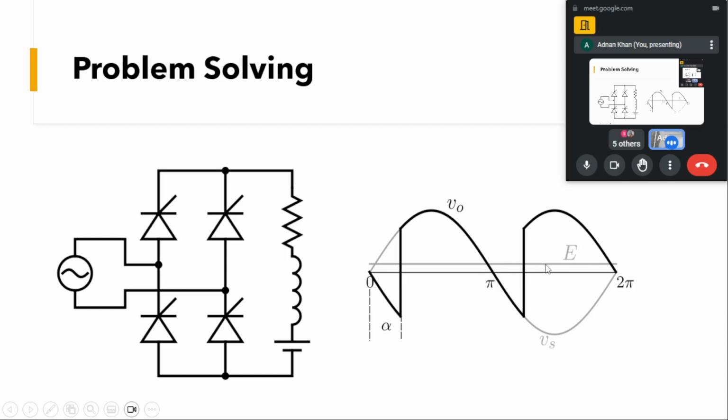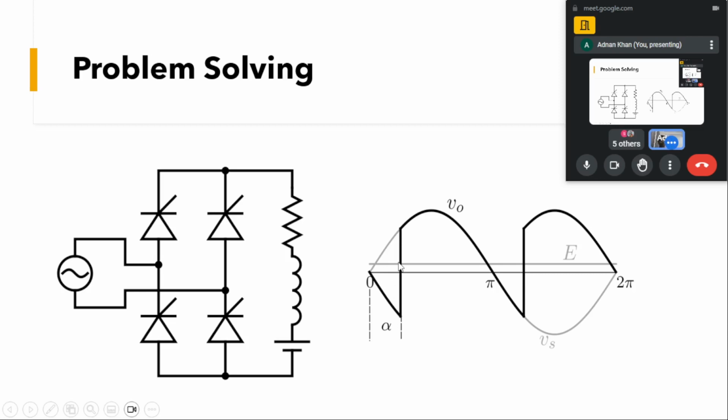Since the value of E is very small, it won't have any effect on this alpha, because this E will be implemented at this point. This SCR would only be turned on after the point when the input voltage is higher than this E voltage.